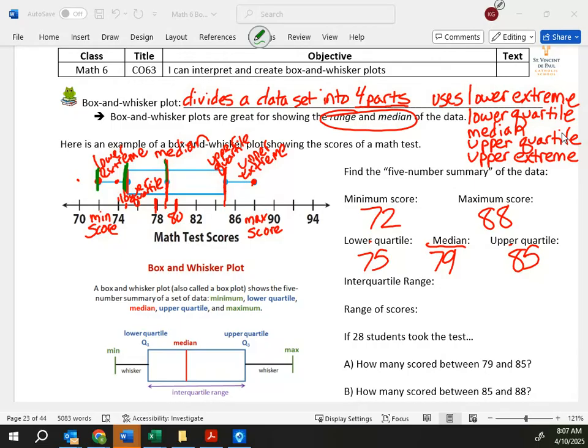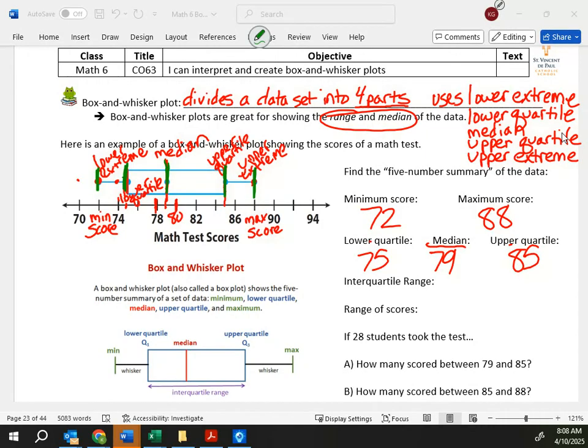Part number 2 goes from that lower quartile to median. Then part number 3 is that up to the upper quartile, and part number 4 is that upper extreme. So we have 4 parts. They look different sizes because that's how spread out the data points are. But there's the same number of scores, the same number of data points in each section. Okay, so there's equal data points in each section.